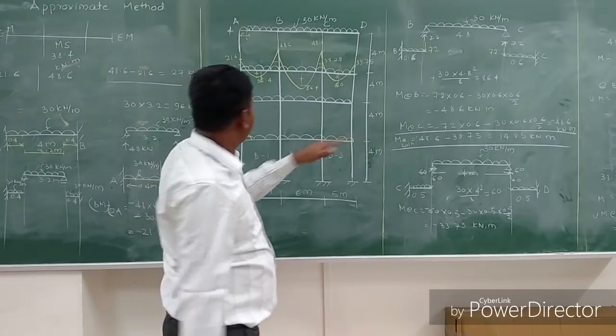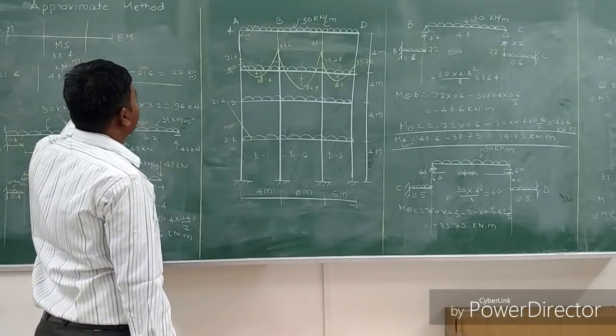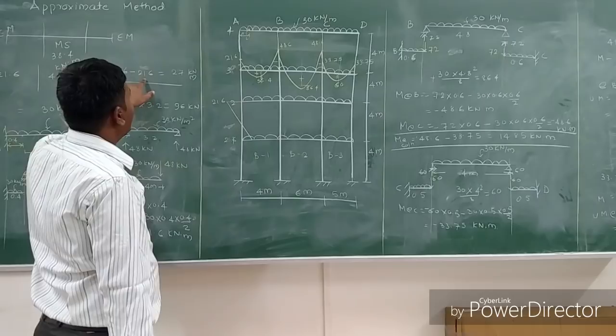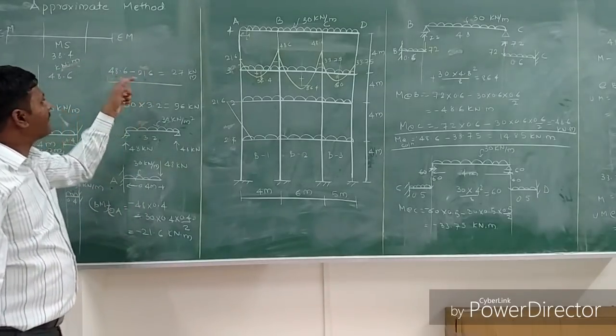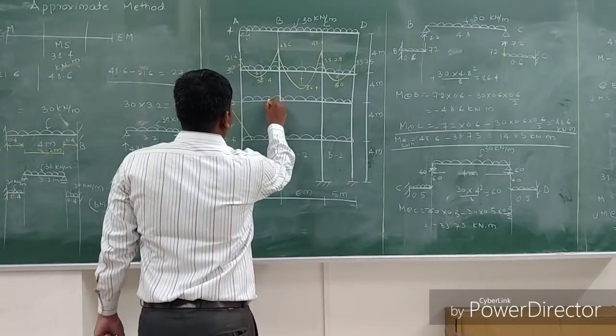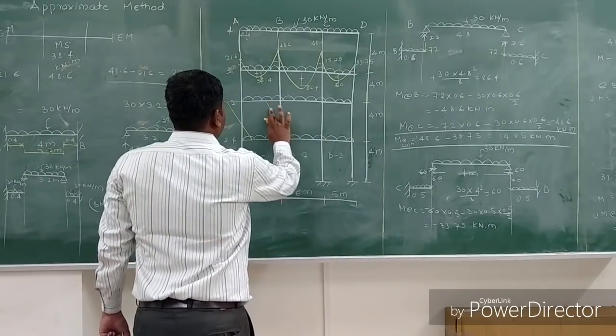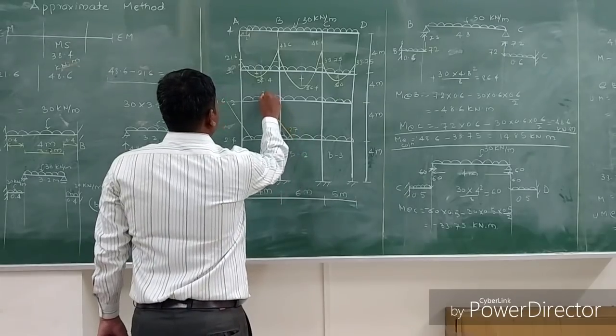Just now we have calculated the difference is 48.6, which is from BC, and 21.6 is the end moment from AB span. So that bending moment is 27. So that bending moment will be taken by the column. So 27 and then 27 kilonewton meter here also.